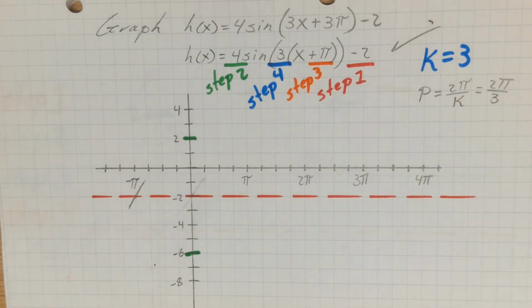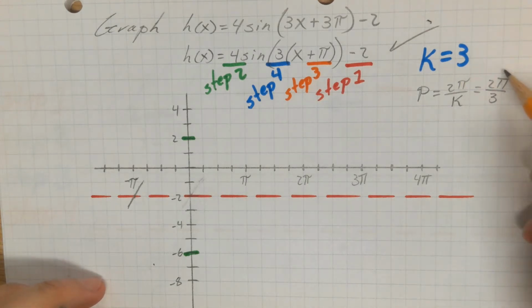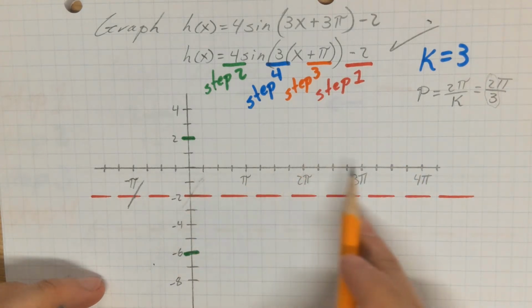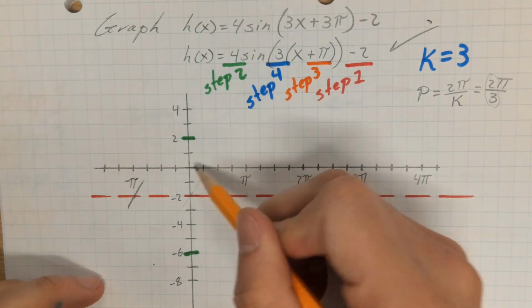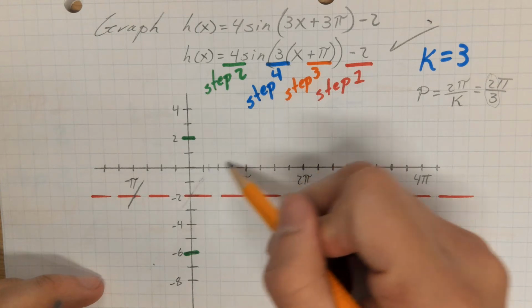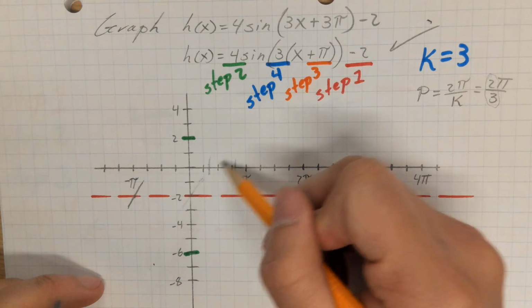So 2/3 of pi. This may be a little weird to graph, but you can actually put the 2/3 of pi, because these things are going by pi's. And technically, 1/3 of pi would be, well, this is half. 1/3 of it could be some of these points here, like 1/3 of pi.